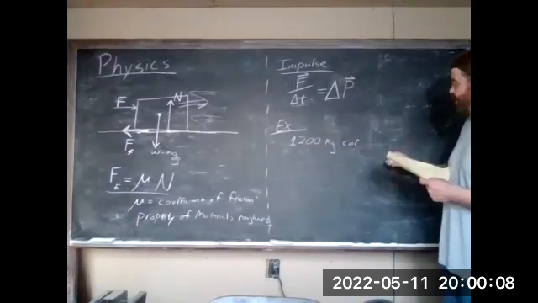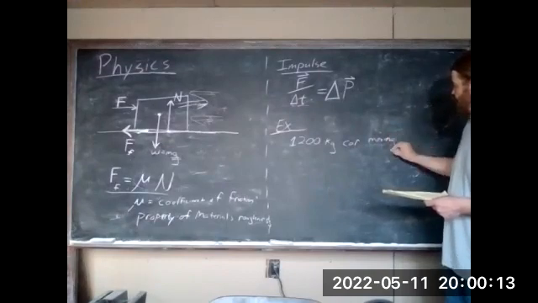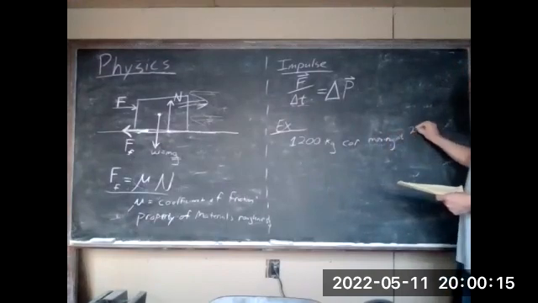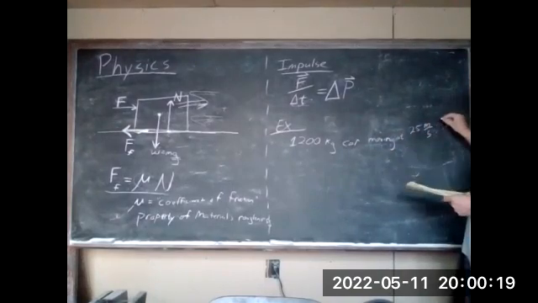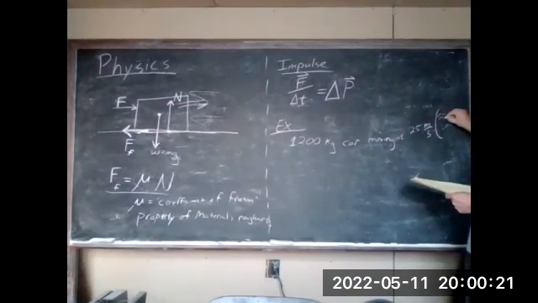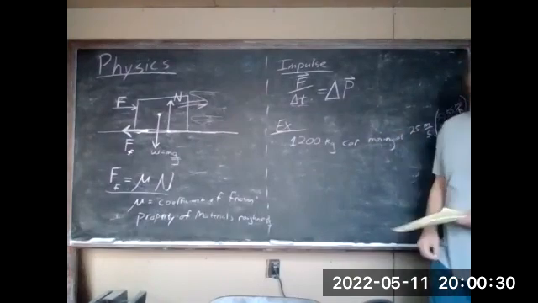Let's say it's moving at 25 meters per second, which is about 55 miles per hour, to put it into American units that we know. So we're going about highway speeds.